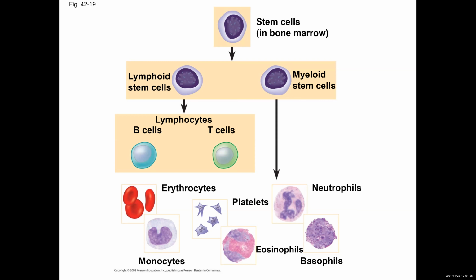It's called plasma, and by volume it's about 55% of a blood sample. The cellular elements, including white blood cells, red blood cells, and these other little structures called platelets, which aren't cells but are cell membrane based, make up about 45% of the volume of your blood. So there's this liquidy stuff called plasma, and then cellular components.